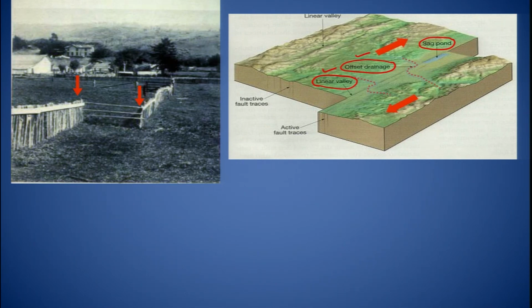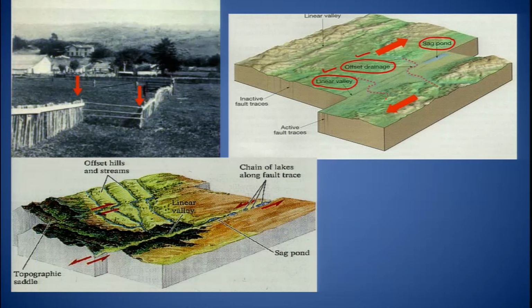So the movement here, again you are having this offset of streams. So the movement is your right lateral strike slip movement. Again a similar one. Whatever landforms are present on the surface during the deformation will get offset along the fault plane, and will remain preserved.